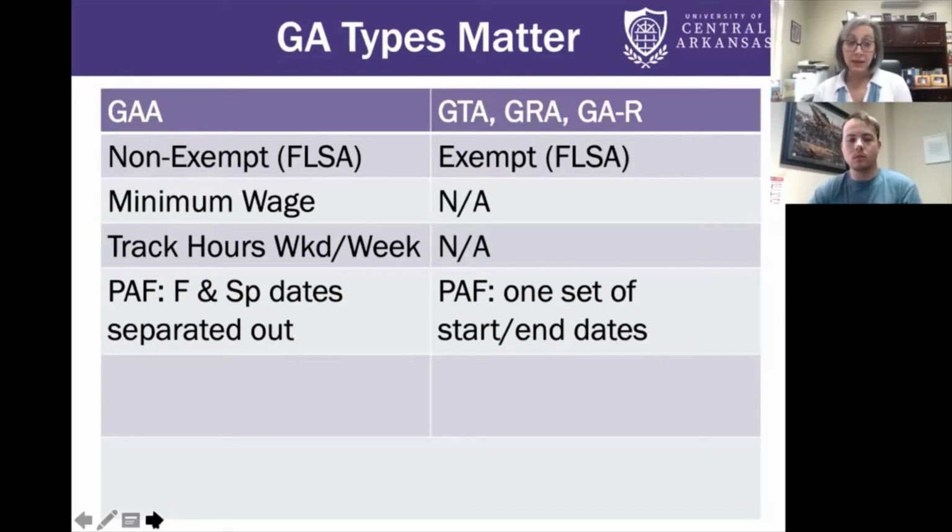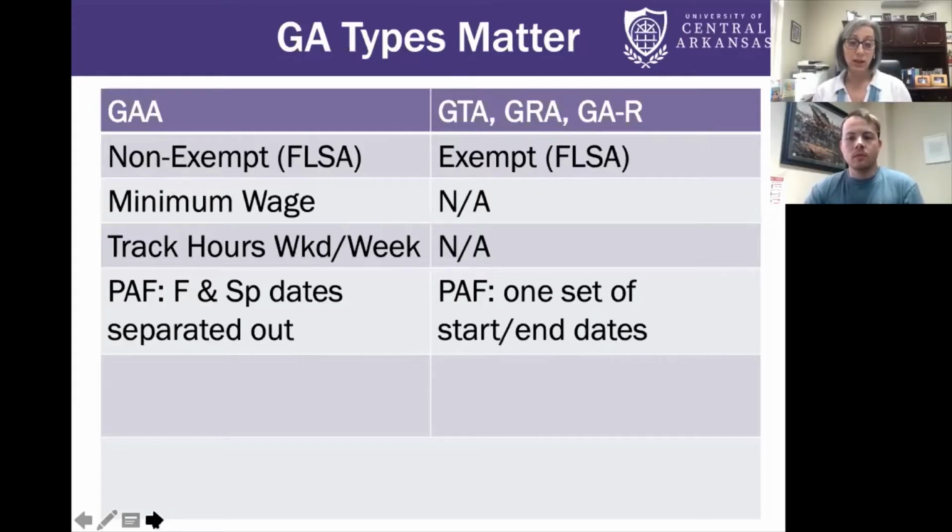And then related, in order for us to make sure that GAAs are meeting the minimum wage, and we did a lot of number crunching on the front end to make this all work out, we have to separate out their time worked so that we are not paying them over the holiday break between fall and spring semesters.